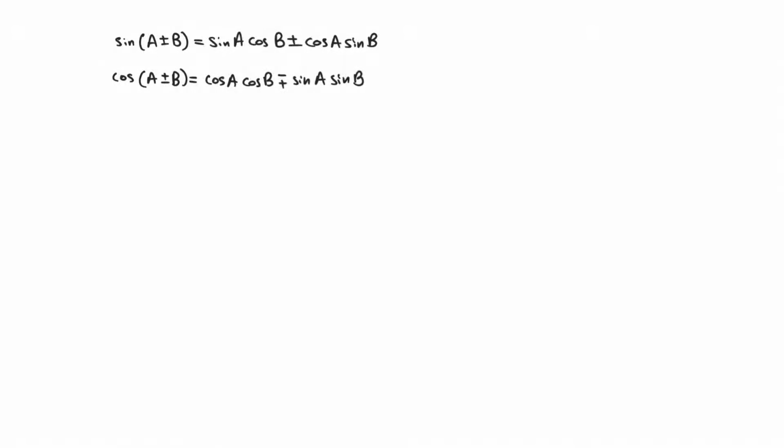Therefore, if you're trying to find cosine of a plus b, you're going to use the minus. For a minus b, you're going to use the plus here. And plus, plus, minus, minus.